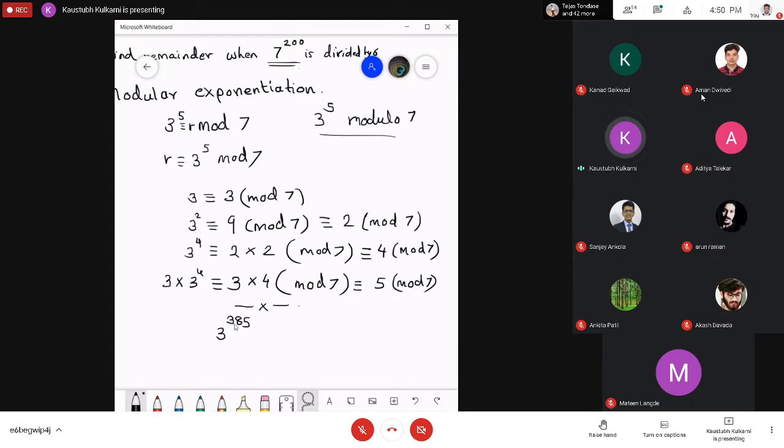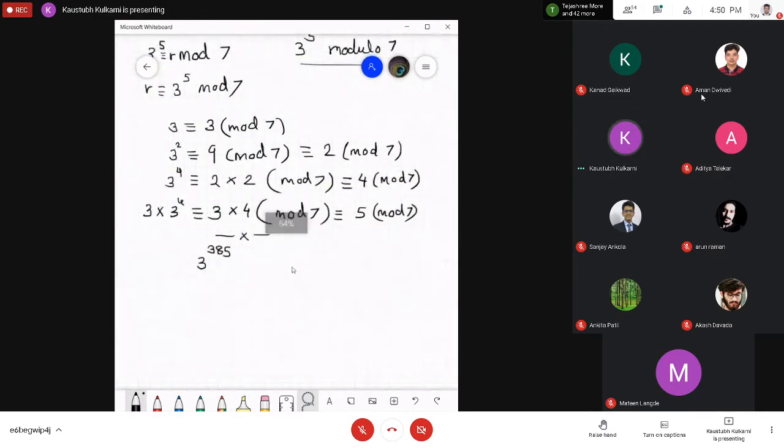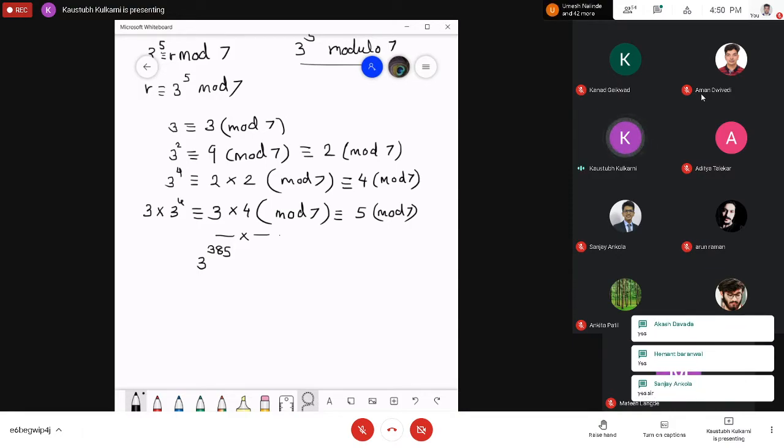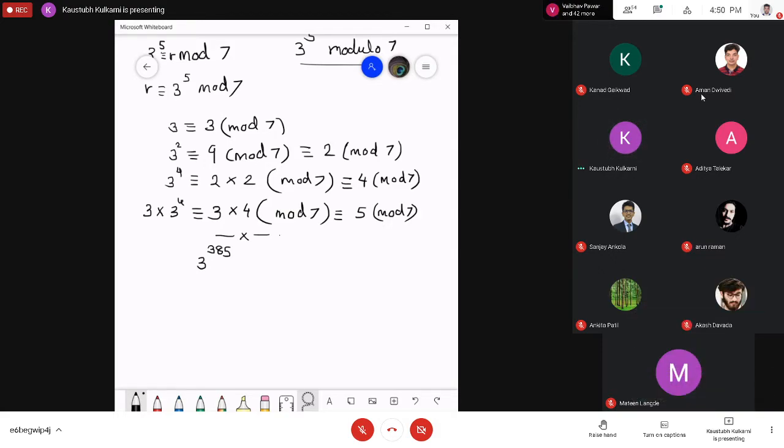First, convert 385 into binary. Do you know how to convert decimal numbers into binary? Yes or no? So 385 in binary, just try to convert it in a minute. Or I'll write the answer and you just verify.